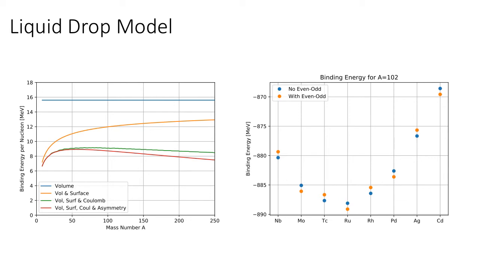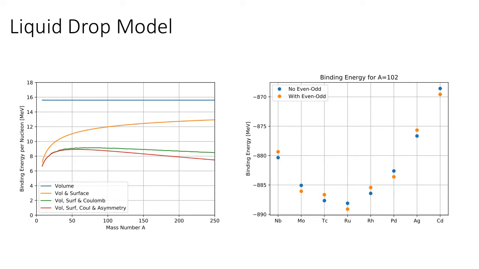If we just look at the binding energy per nucleon, we're taking the sum of these terms after the first one, so the binding energy doesn't account for just the adding but the reduction from that, and then we're also dividing by A. The first term is just the binding energy per nucleon that we add, and that was this 15.6 number. It doesn't depend on what A is because we've divided that out. So that's a constant binding energy per nucleon for the volume term.